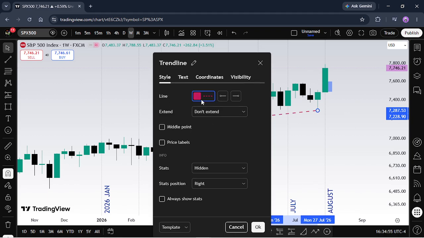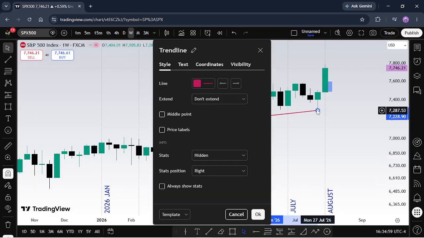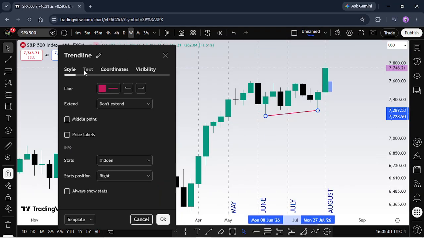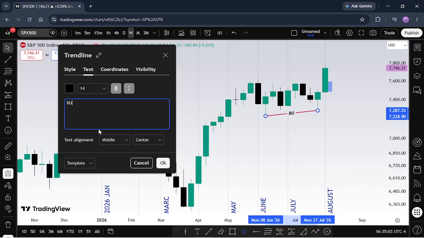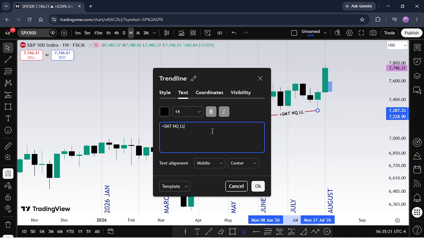So we know that move price was doing right there was a false move, right? So you're gonna put the bullish, let me just put a plus SMT, right? And then NQ lower low. Yeah, NQ lower low, right?